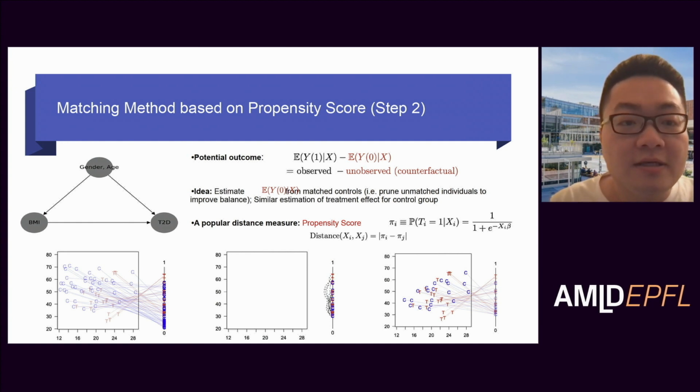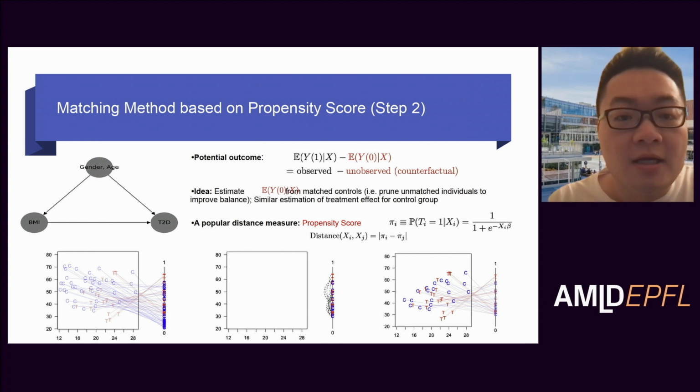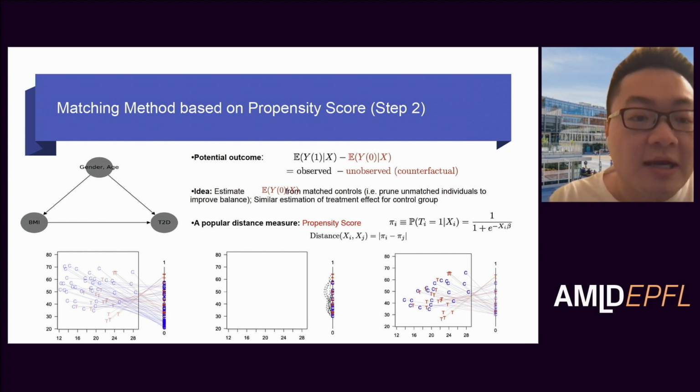And here's the key step, which is the second step. We apply a method called the matching method based on the propensity score. For example, if I want to estimate the expectation of Y0 conditioning on X, how can I do that? The idea is I project the original high dimensional data on both control and treatment to a one-dimensional line using some function.